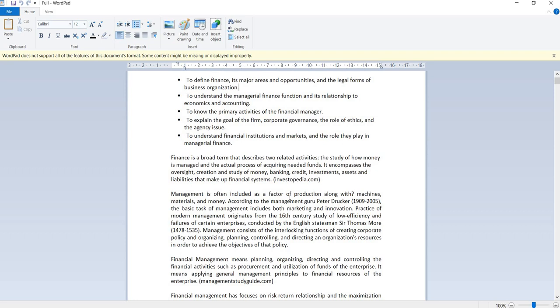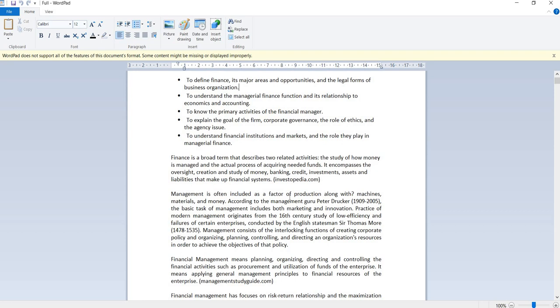According to the management guru Peter Drucker, the basic task of management includes both marketing and innovation. The practice of modern management originated from the 16th century study of laws, efficiency, and failures of certain enterprises conducted by English statesman Sir Thomas More.